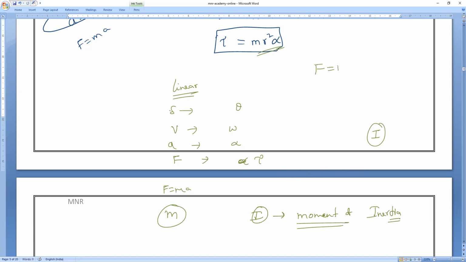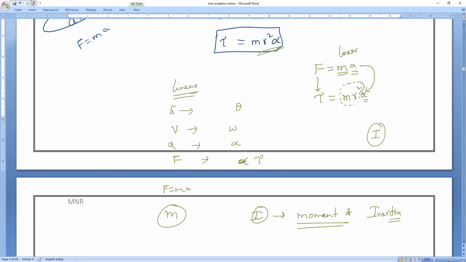So F is equal to ma and we are getting torque is equal to M into R square alpha. All of you remember that this M into R square only we used to call. See, a is matching alpha, F means torque is matching. Then only M.